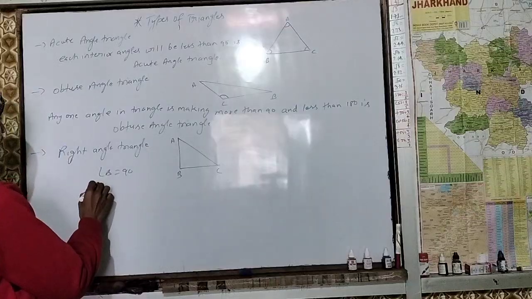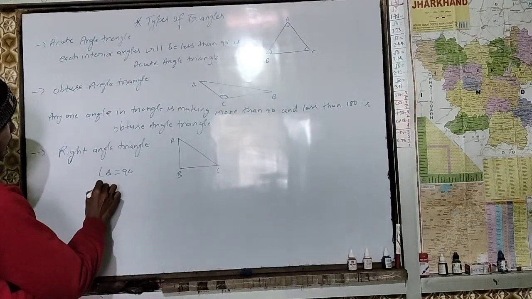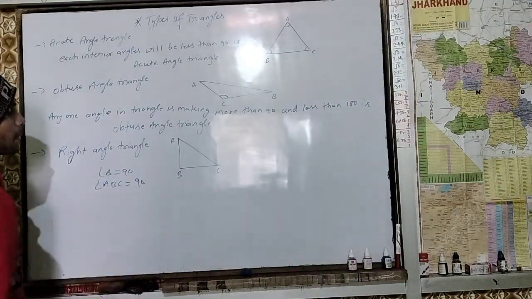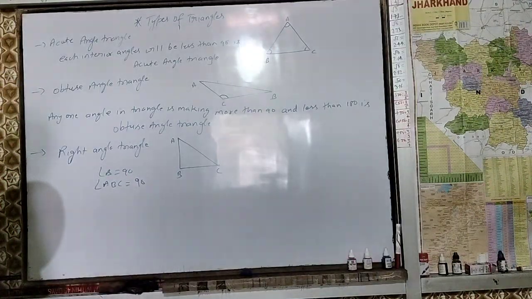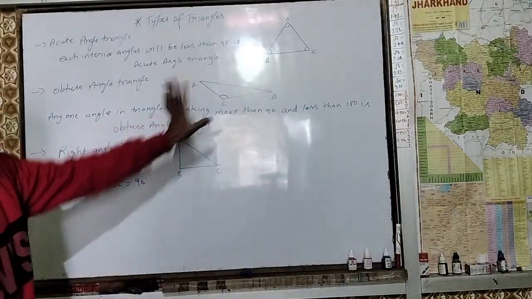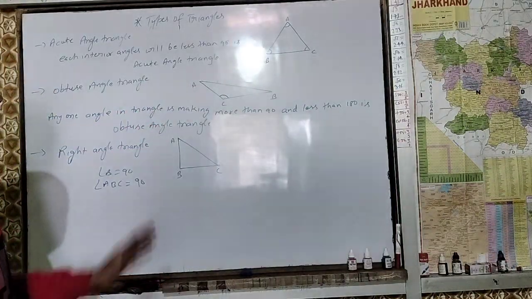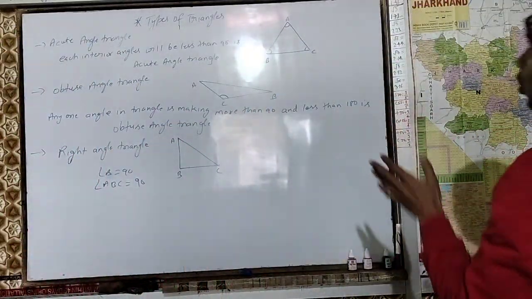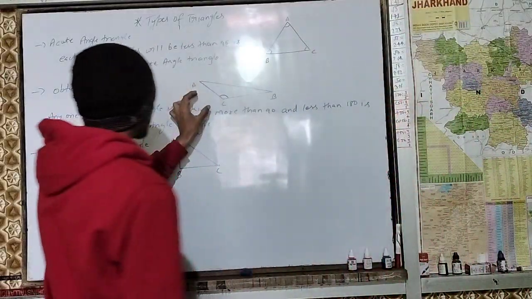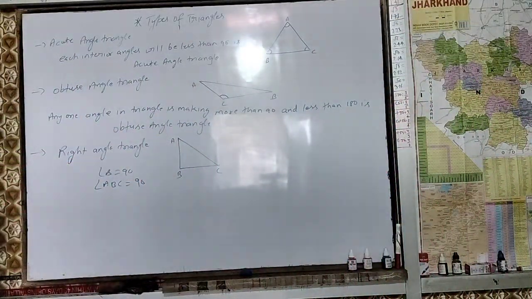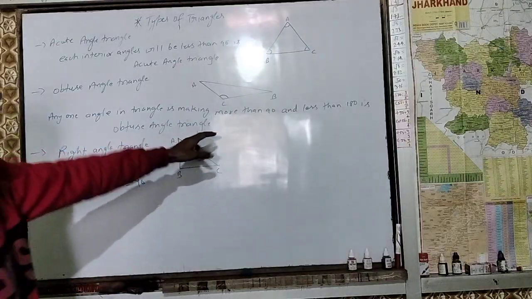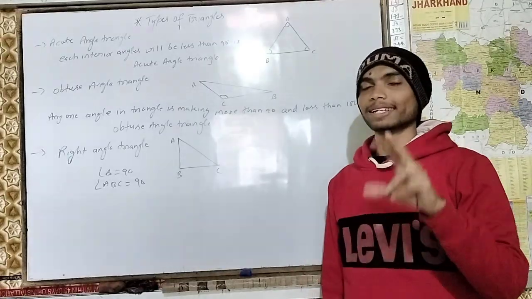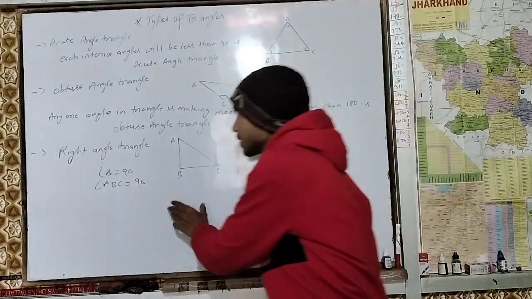It can be written as angle ABC is equal to 90 degree. This AB is perpendicular to BC. It is also a triangle. This was also a triangle. The difference is in the first, each interior angle was less than 90. In the second, one angle was making more than 90 degree. In the third case, one angle is making 90 degree. That's why we are calling it a right angle triangle. Okay.